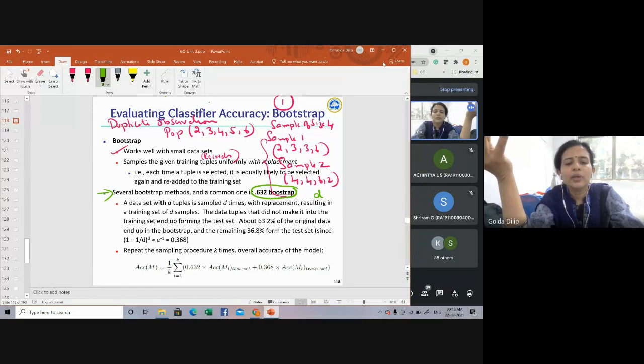There could be some data tuples that did not make it to the training set because it is with replacement. The same tuple would have been selected again and again, and some would have missed the chance of getting selected. Those tuples will end up becoming the test set.